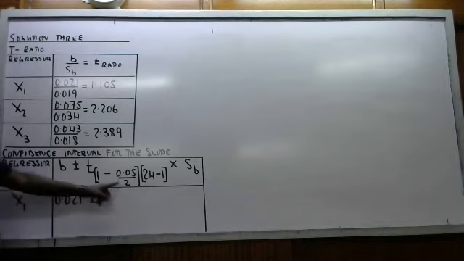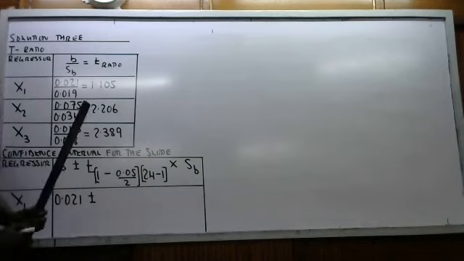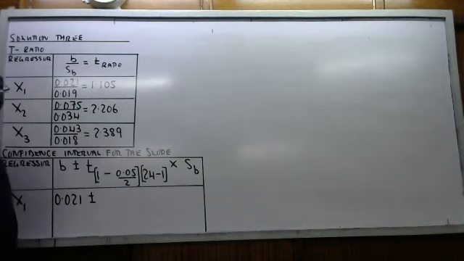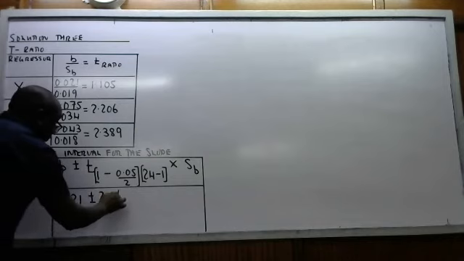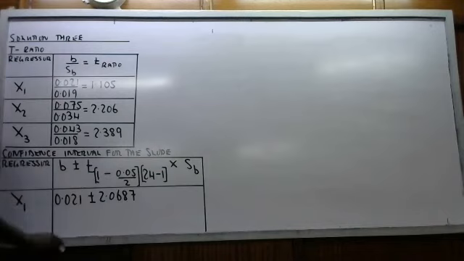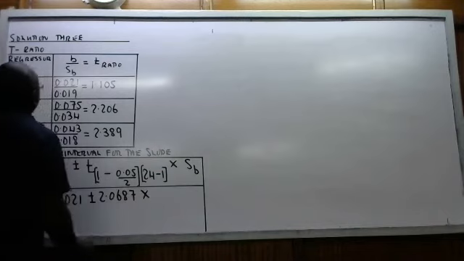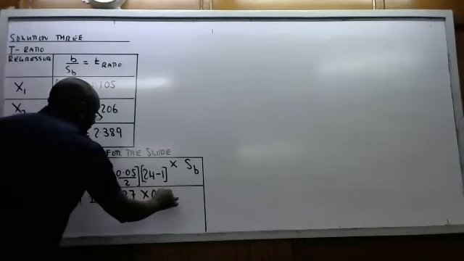It is 2 because we are dividing here by 2, but if we were not dividing it would be 1. So you go to the 2 and 95, and then stop at 23. Like that. Now times the standard error. The standard error is 0.019.